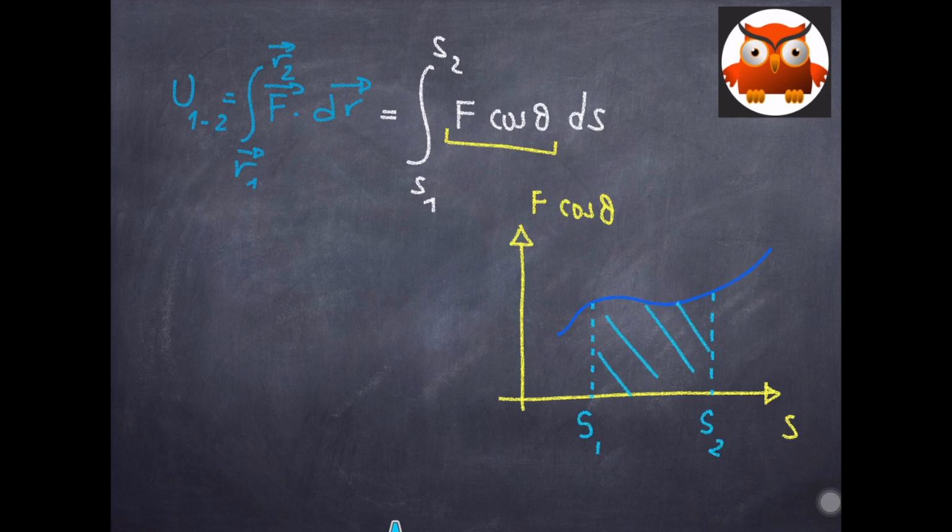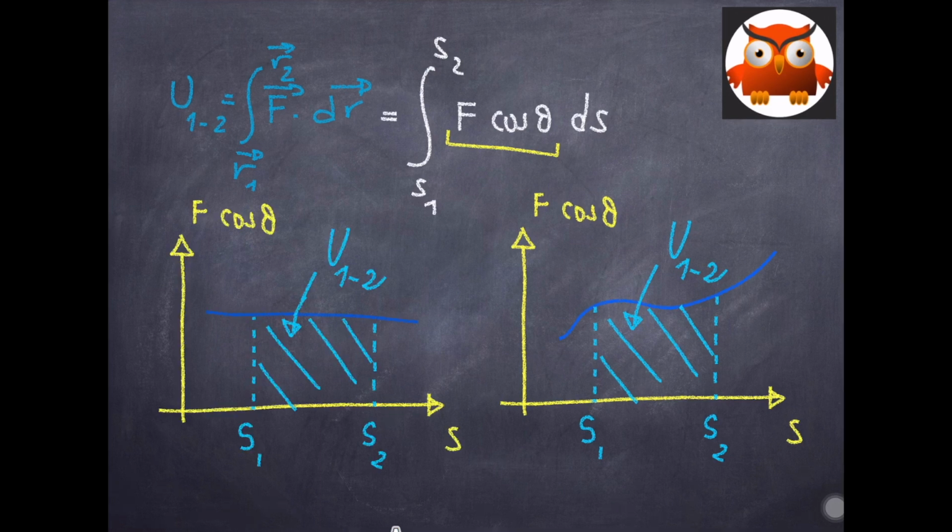So this area is simply the work done by the force F to bring the particle from position 1 to position 2. There is a particular case of f cosine theta being constant.